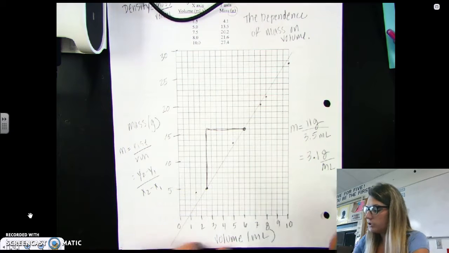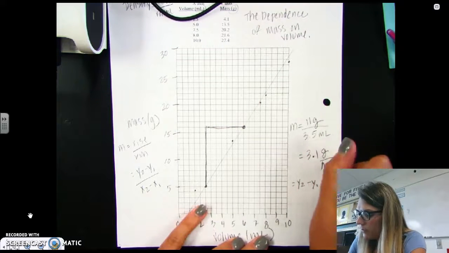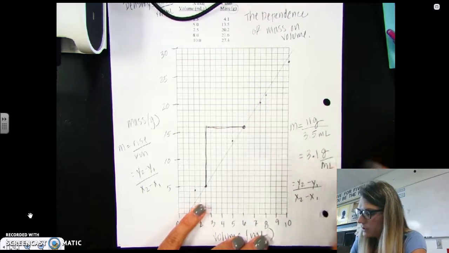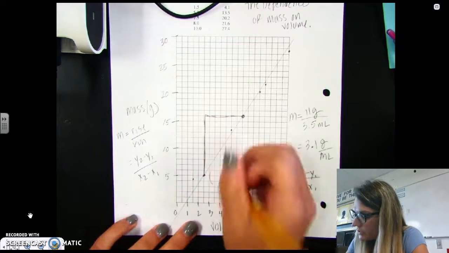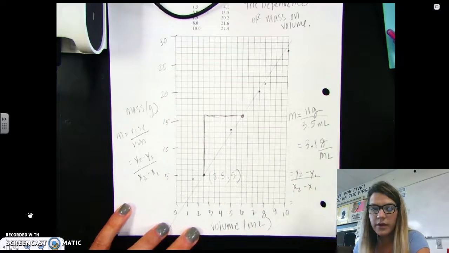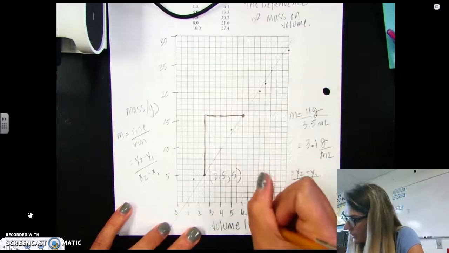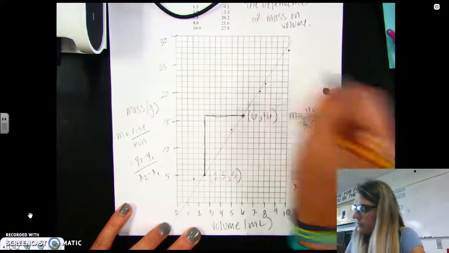If I wanted to do it the other way, m is equal to y2 minus y1 divided by x2 minus x1, my origin point here is 2.5, 5, and this point right here is 6, 16.